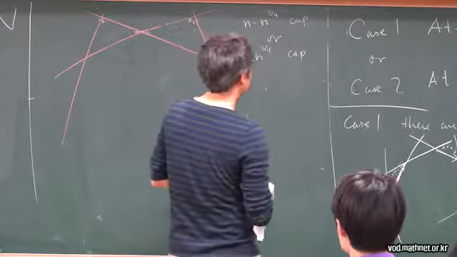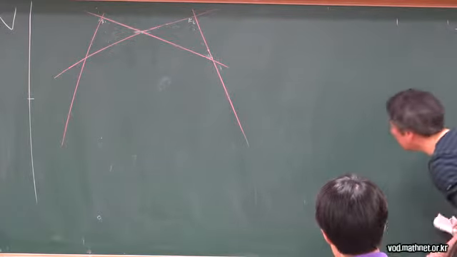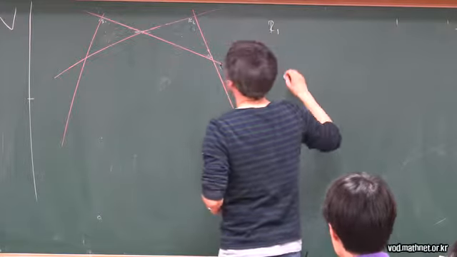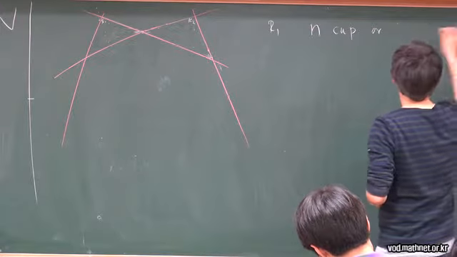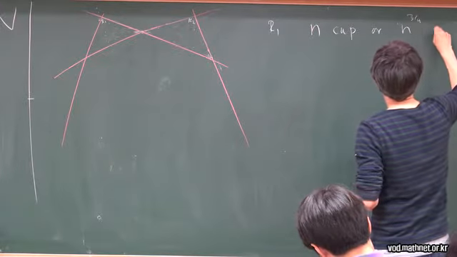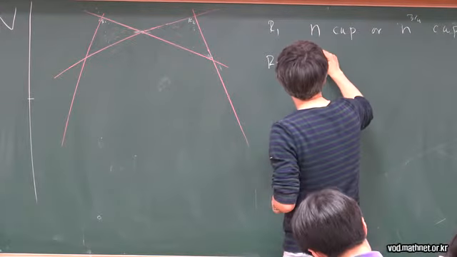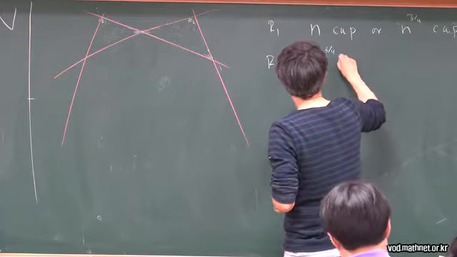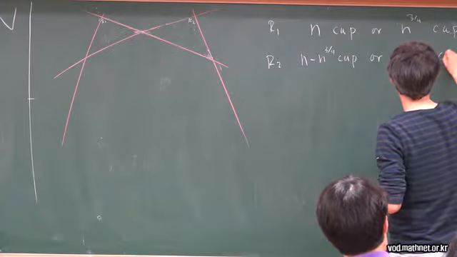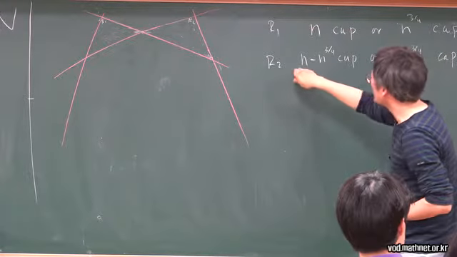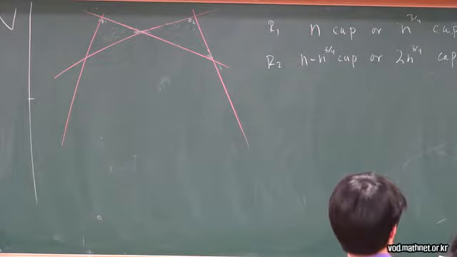I had a table written in my notes. So here, in region 1, you have either n cup or n to the 3/4 cap. In region 2, so the next one, n minus n to the 3/4 cup or a 2n to the 3/4 cap. Okay, so you have something plus something which always is going to equal this number here.